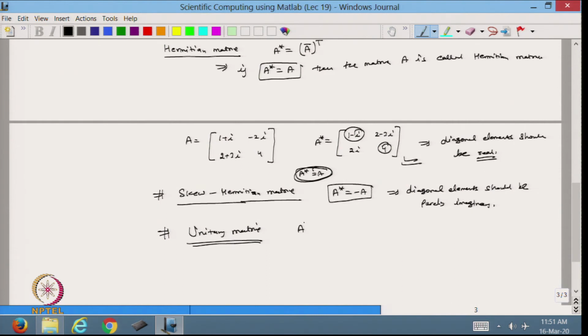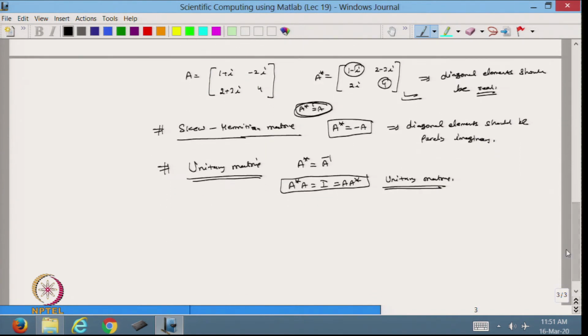So, whenever A star is equal to A inverse, such that A star A is equal to I, then it is called the unitary matrix. This is the same way as the symmetric matrix, skew symmetric and orthogonal. So, this is all about some matrices.